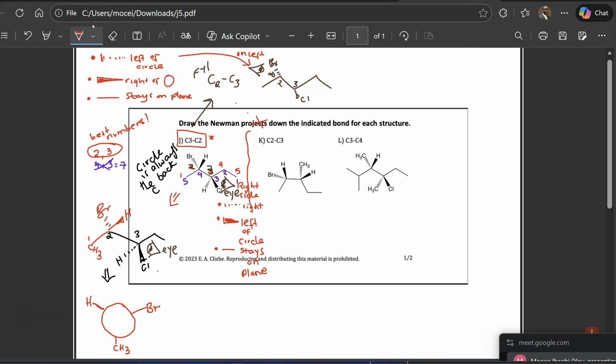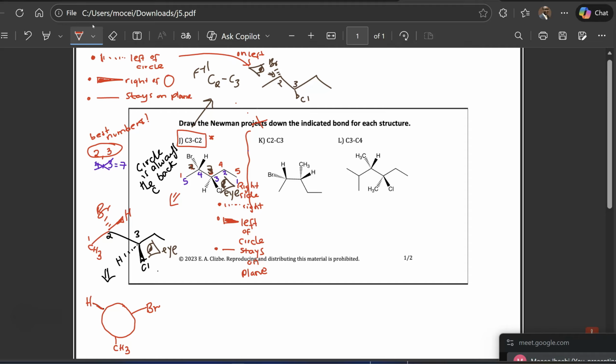Where is Br, hydrogen, and CH3 bonded to? It's on the back. Which carbon is the Br, hydrogen, and CH3 bonded to? The second carbon. Where's the second carbon here in our Newman? What represents the second carbon on our Newman?